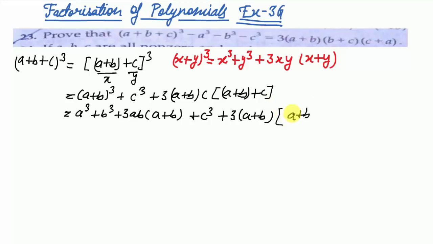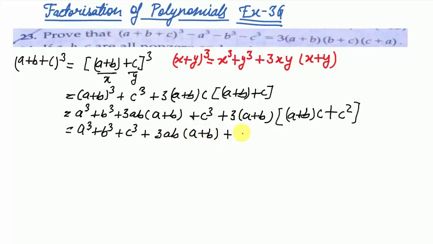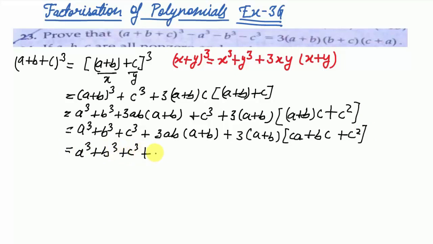So (a plus b) into c and c into c square, and this is written as a cube plus b cube plus c cube को हम साथ में लिख लेंगे, and plus 3ab into (a plus b) plus 3 into (a plus b) into, and c का ब्रैकेट के इनसाइड मल्टीप्लाई. So c times a plus bc plus c square.